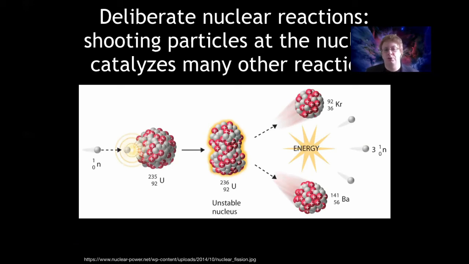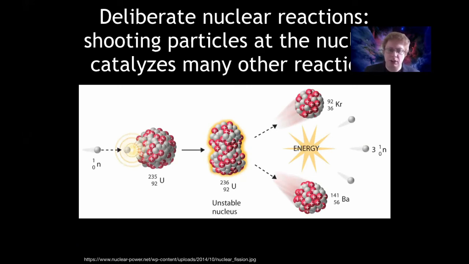If you shoot a neutron at a nucleus of uranium that has an atomic mass of 235 atomic mass units, or 235 proton masses, basically, what you'll get is that the neutron may lodge itself into the nucleus of this uranium atom.